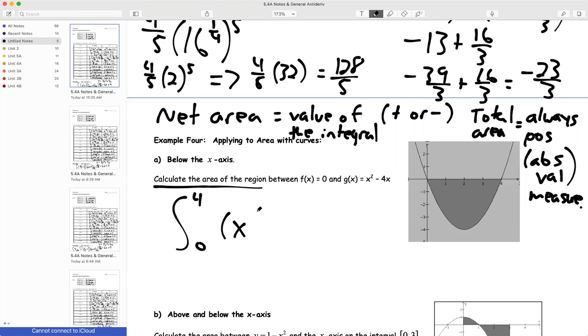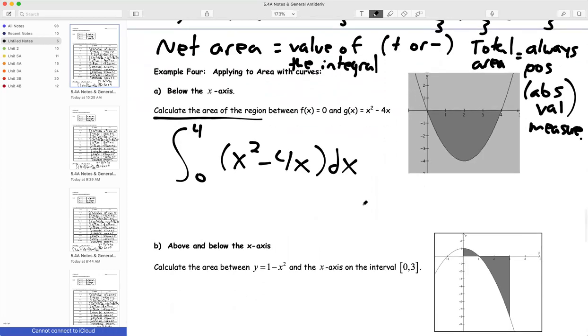My function is x squared minus 4x. And since all of this area is below the x-axis, I'm going to get a negative value for this integral, but I must make it positive since I am finding total area. So I'm going to take the absolute value of the final answer. That makes sense? All right, so what's the antiderivative of x squared?